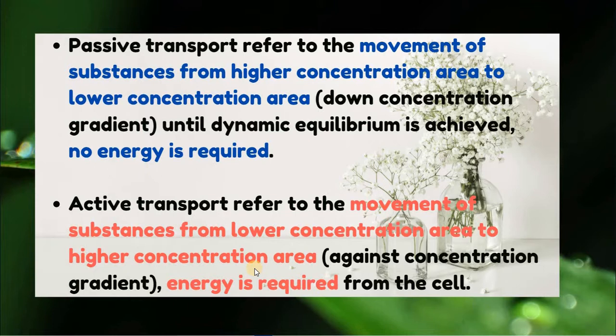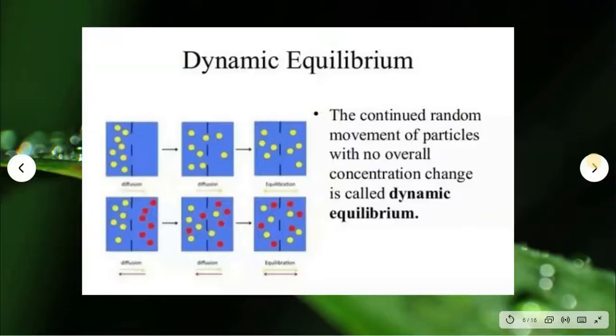Passive transport refers to movement from higher to lower concentration area. Active transport refers to movement from lower to higher concentration area. So which one needs the energy? Of course, active transport needs the energy because it moves against the concentration gradient.